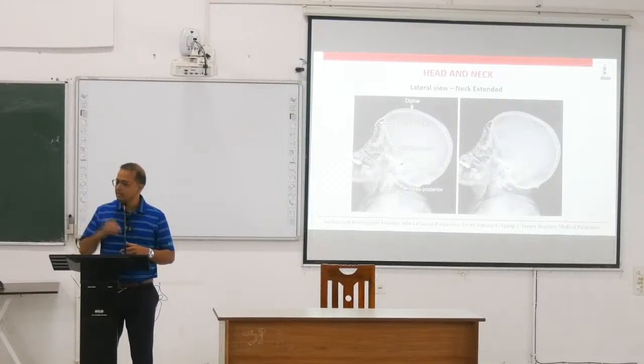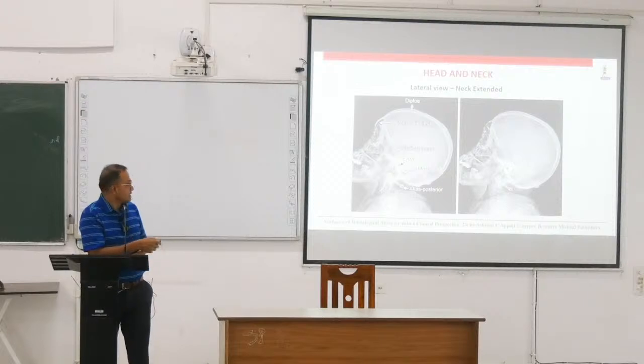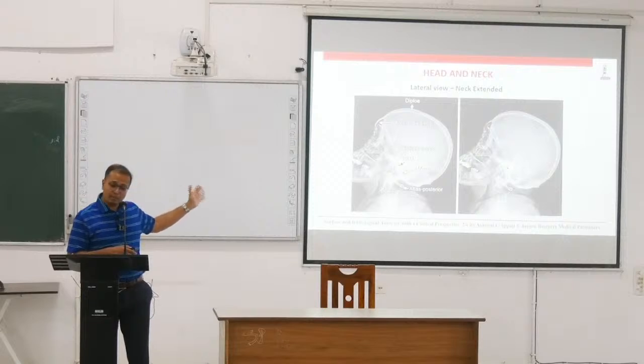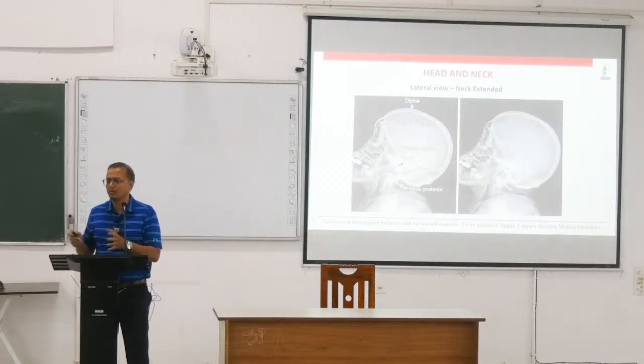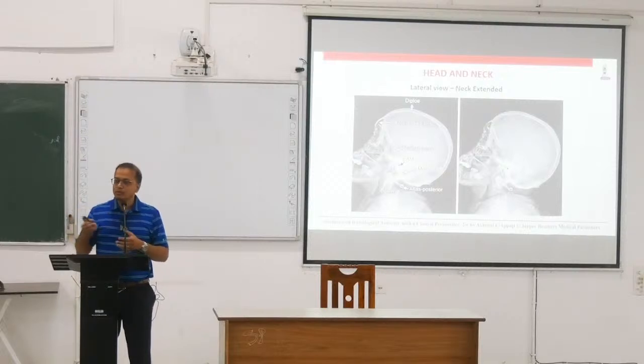This neck extended position is taken sometimes to see closely some kind of joint problems related to this neck region. So these are the lateral views and AP views which you commonly see, which are common in any part of the body, whatever organ you are choosing, like upper limb, lower limb, abdomen, and thorax, we take these X-rays. In addition to that, as we have learned, there are so many paranasal sinuses we have in the neck region.